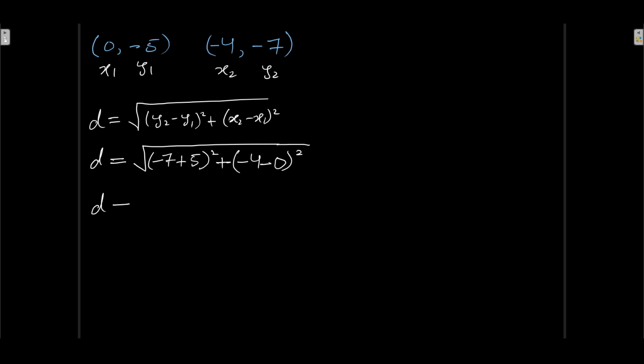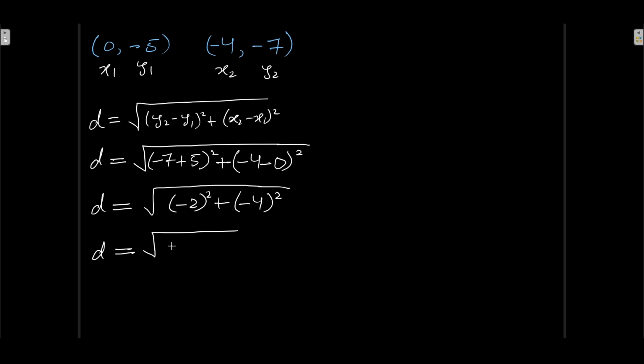Now all you need to do is just simplify it a bit. So -7 plus 5 will give you a -2 whole squared plus -4 minus 0 will give you a -4 whole squared. And then the distance between the 2 points will be, so any negative base having even power will always give you a positive result.